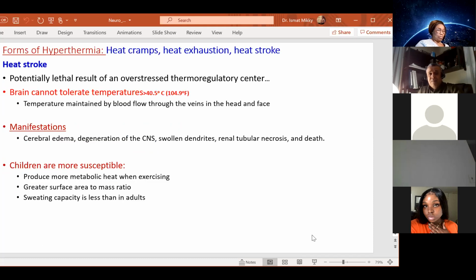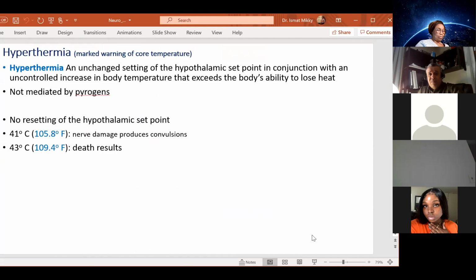I'll get to that and explain what we mean by malignant hyperthermia. But given the definition, hyperthermia is different from fever, because in fever there are specific factors like pyrogens that change the set point for the hypothalamus.